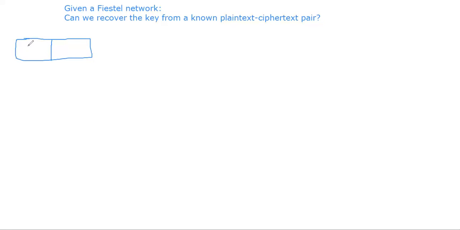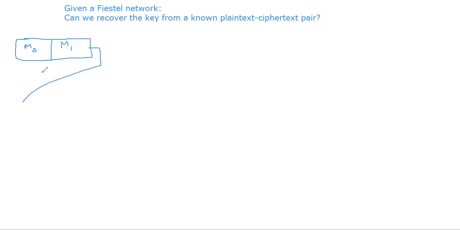Let's call this M0 made of 3 bits, M1 made of another 3 bits. What is the construction in the Feistel network? The construction works as follows. M1 gets copied as it is to the next round.